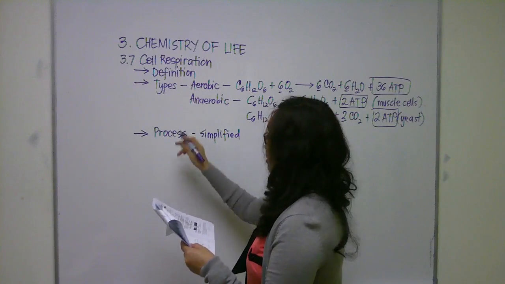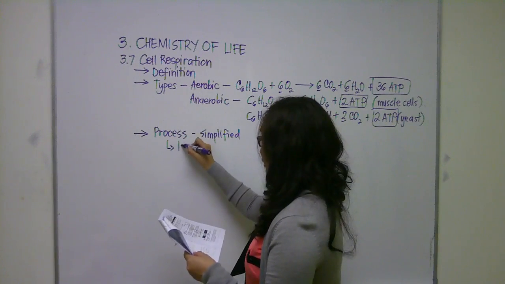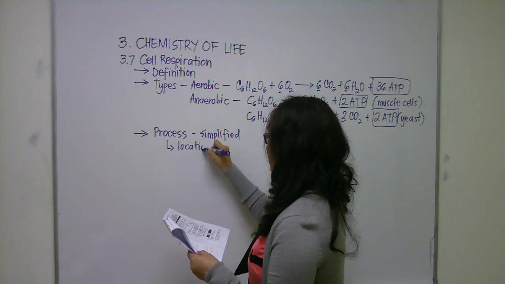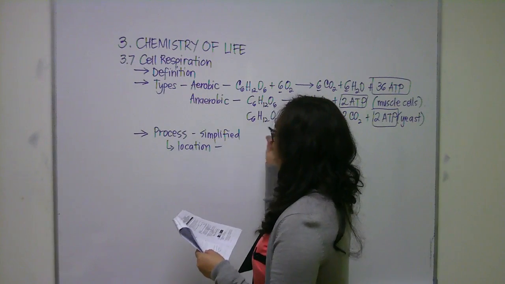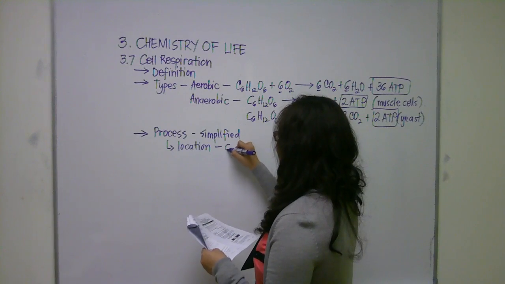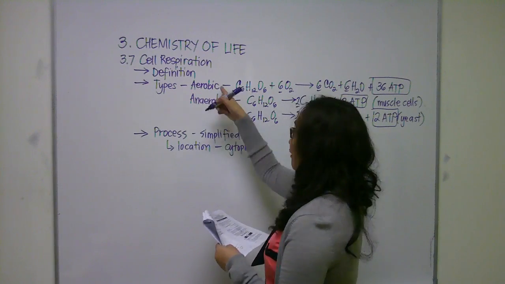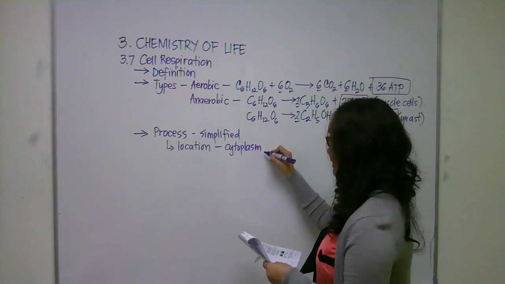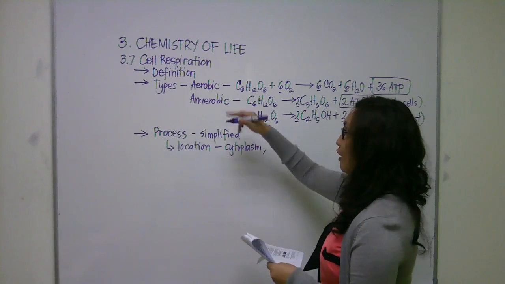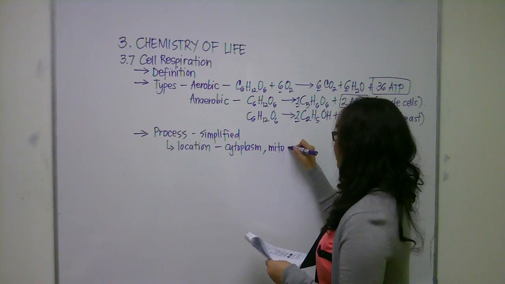We can just discuss under the process the location where it occurs. Aerobic and anaerobic respiration can occur in the cytoplasm. And furthermore, aerobic respiration continues in the mitochondrion.